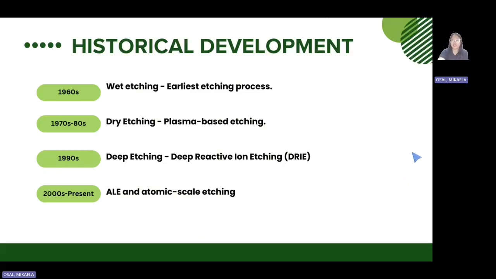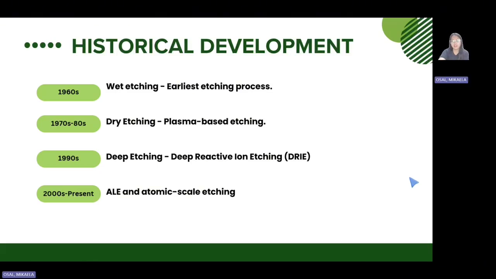Let's take a quick journey through the evolution of etching and semiconductor manufacturing. It all began in the 1960s with wet etching, where acid-based solutions like hydrofluoric acid were used to dissolve materials such as silicon dioxide. This method was simple but lacked precision.